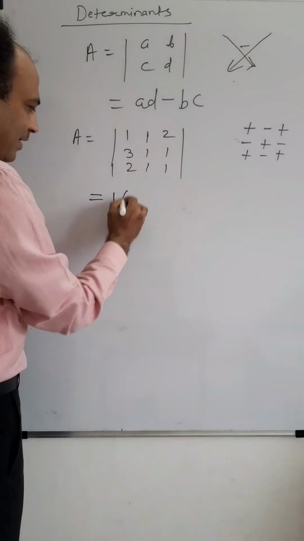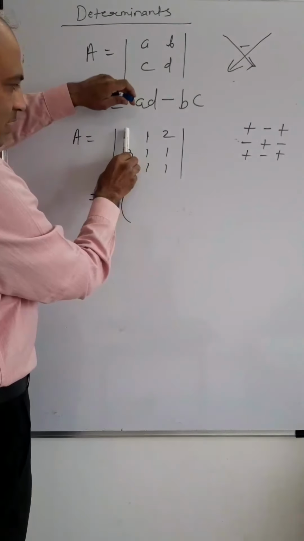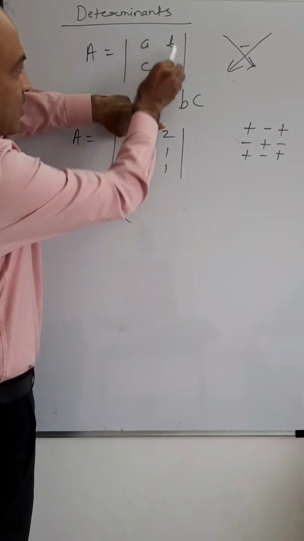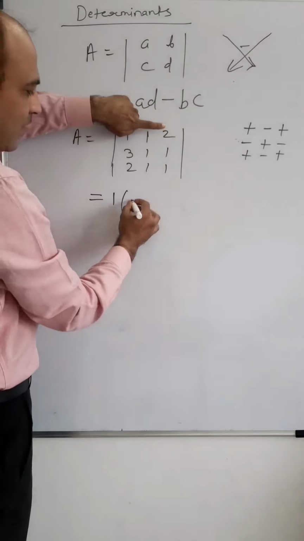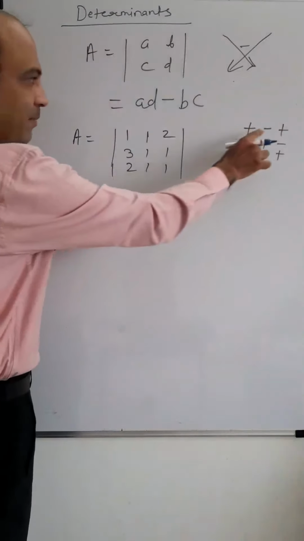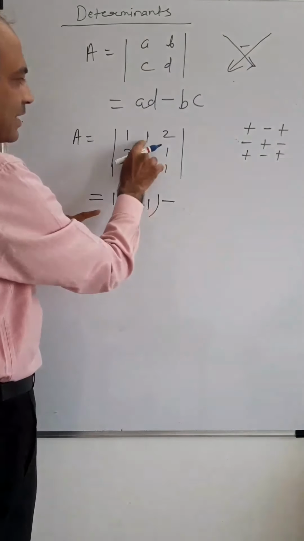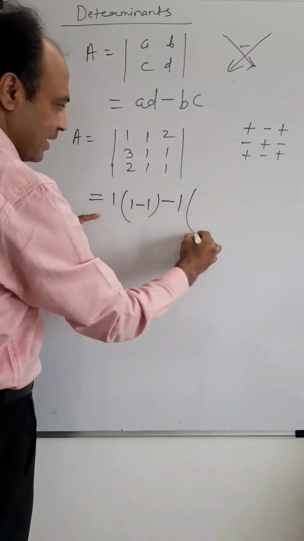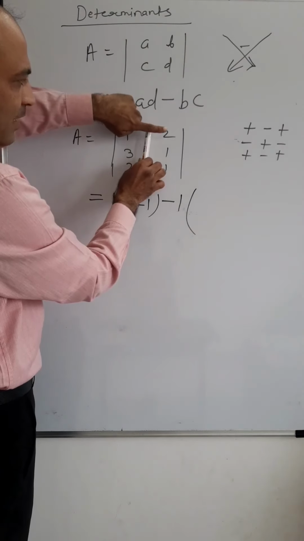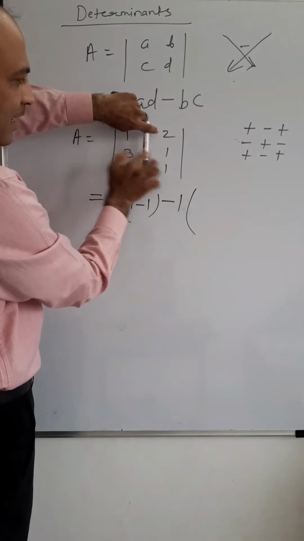So I took 1, now you close this column and row, and multiply this 2 cross 2: 1 into 1 minus 1 into 1. Then we put the sign minus, and this is 1, so 1 it is. Now again you close this column and row and multiply from left to right.